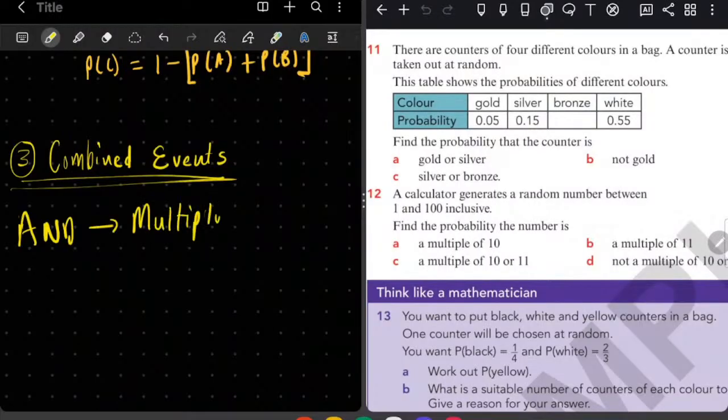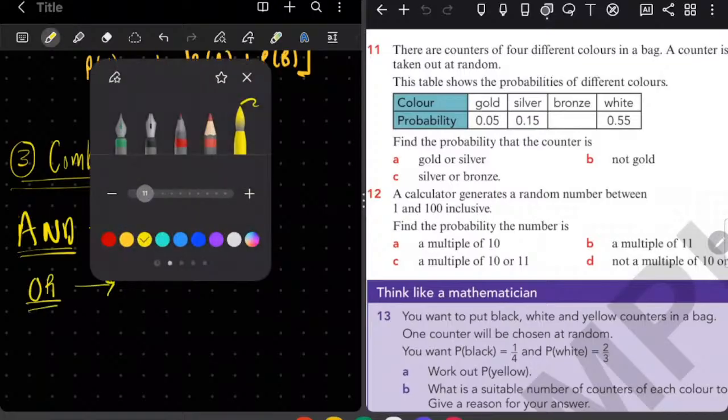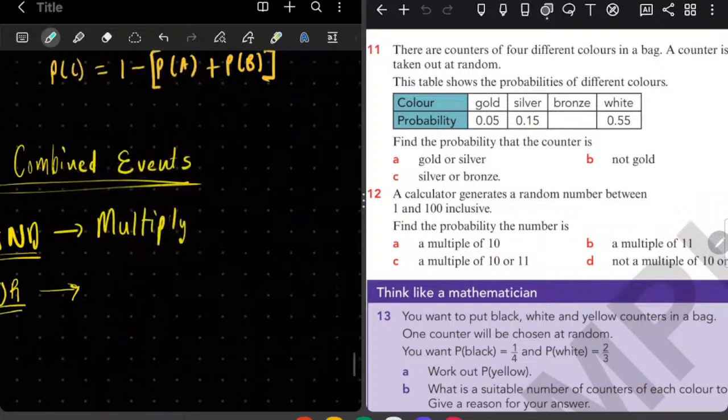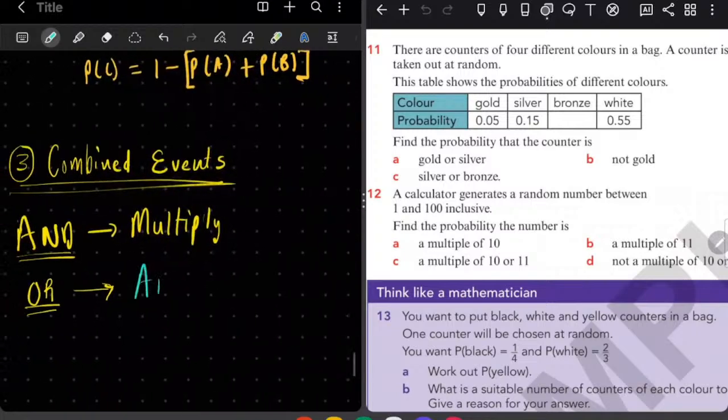You find the probability of the first one, then you multiply the second one, because you'll be using the word and. And then when you use the word or, what should you do to the probabilities? When you use the word or, what do you think you should do? You add. Well done. When you use the word or, then you are going to add the probabilities. Well done. Right, so that'll be the third one.